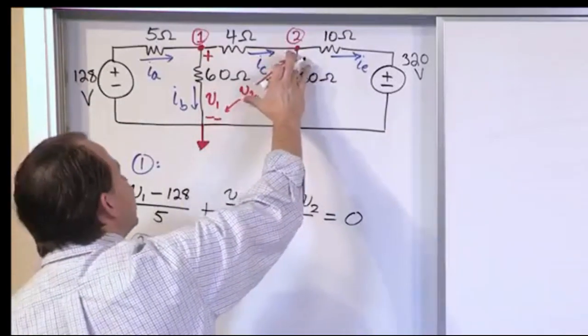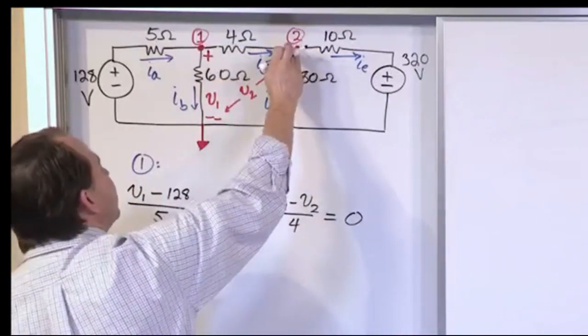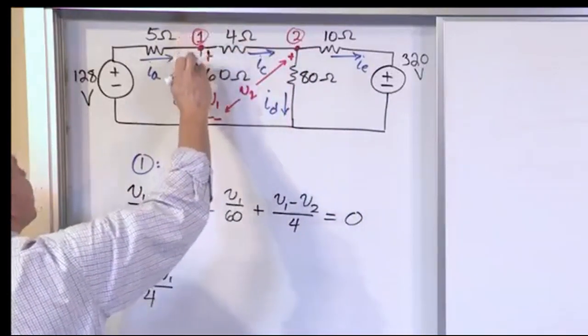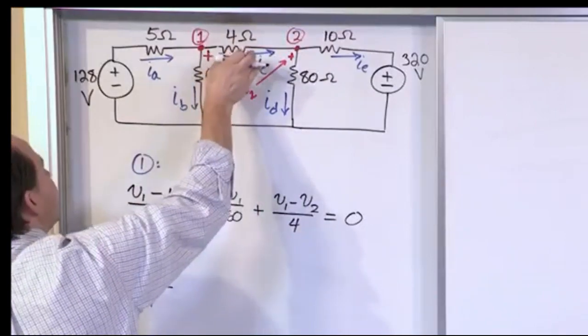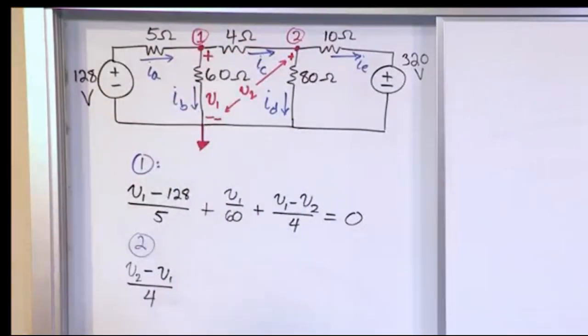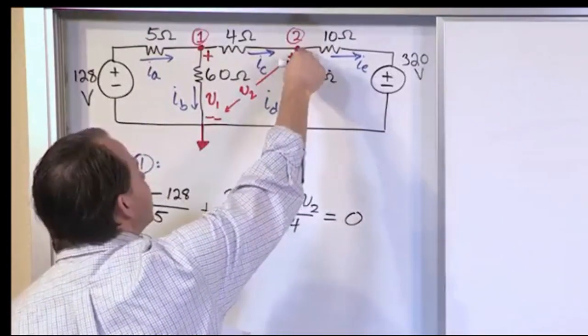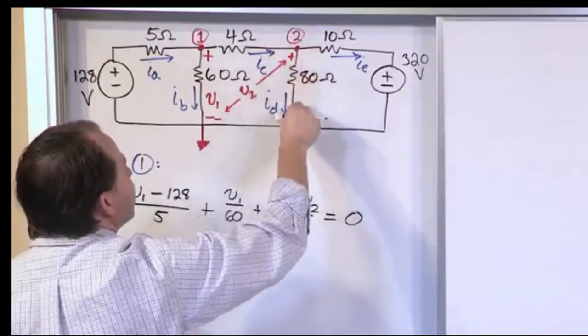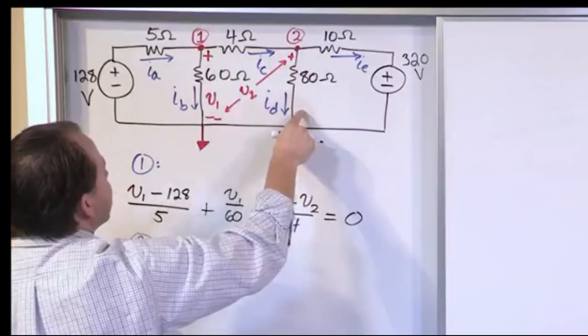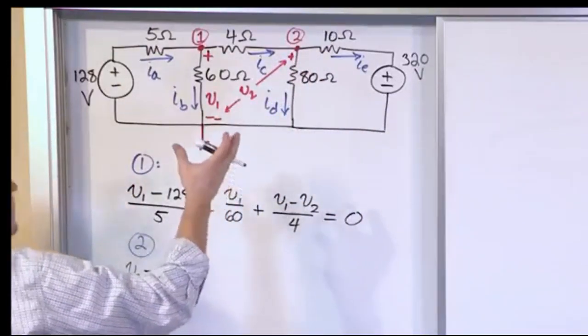Because we're basically pretending the current's going this way, so we assume V2 is higher. Subtracting off this node voltage is going to give me the drop across the resistor. Divide by 4, V over R, that's going to be it. Plus, the current through this resistor is simply whatever this voltage drop is across the 80 ohm resistor divided by 80, so V over R.